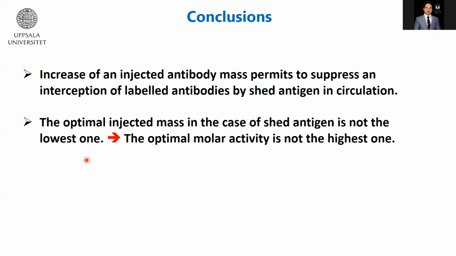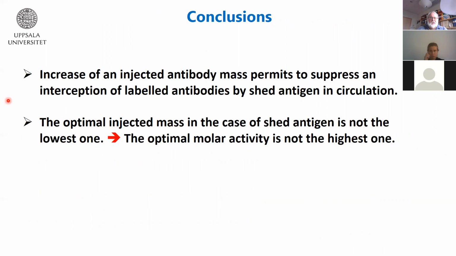So the conclusion is that an increase of injected antibody mass permits suppressing the interception of labeled antibodies by shed antigen in circulation. And in this case, the optimal injected mass would not be the lowest one. So optimal specific activity or molar activity does not mean the highest possible.